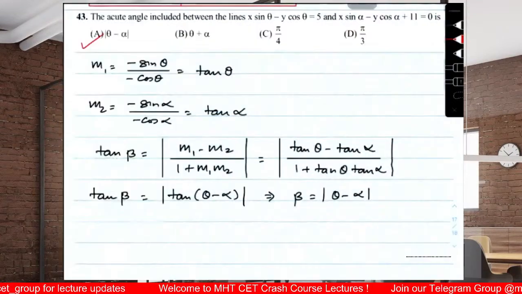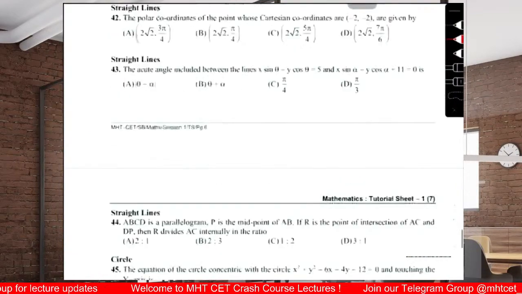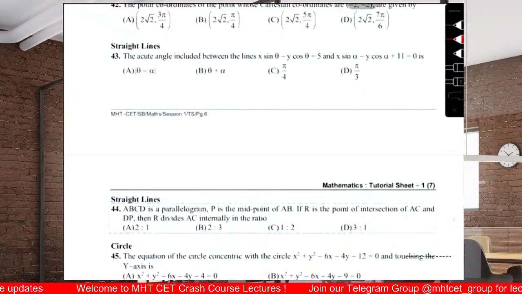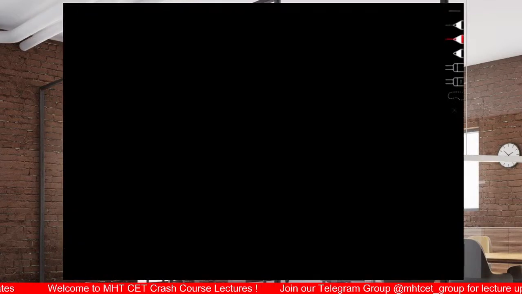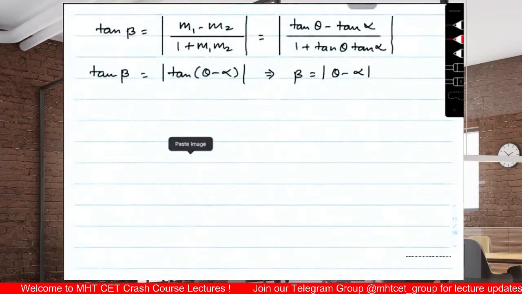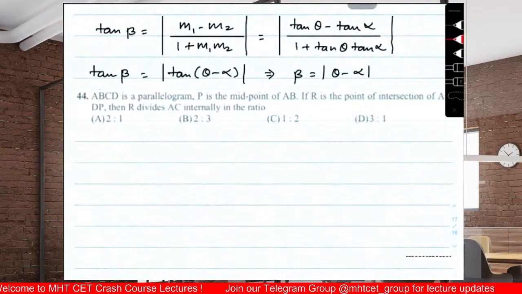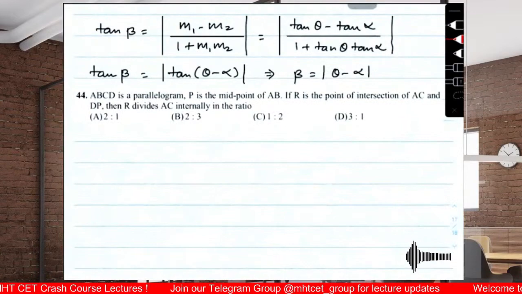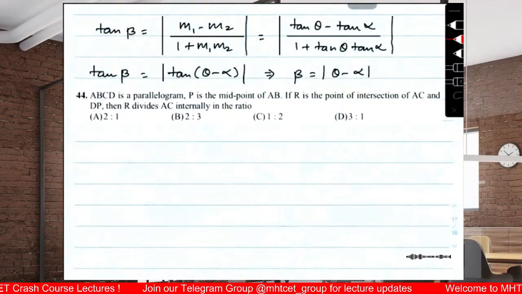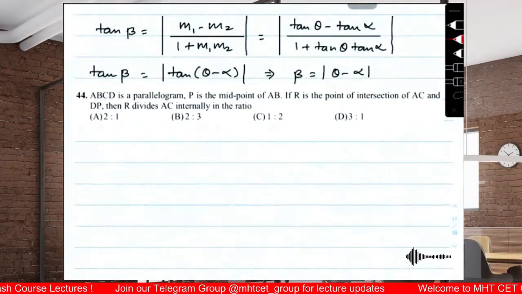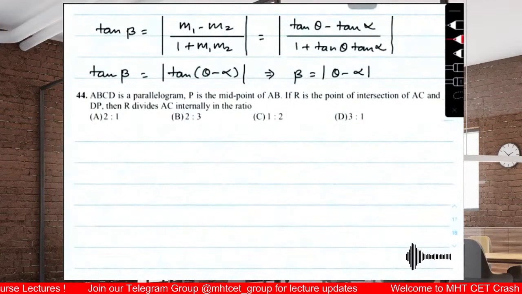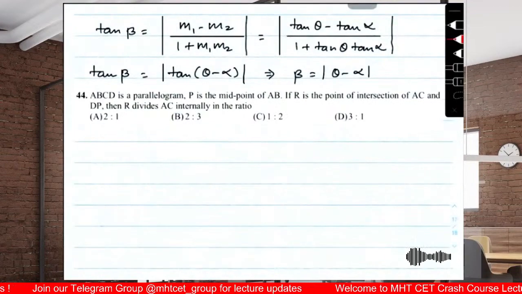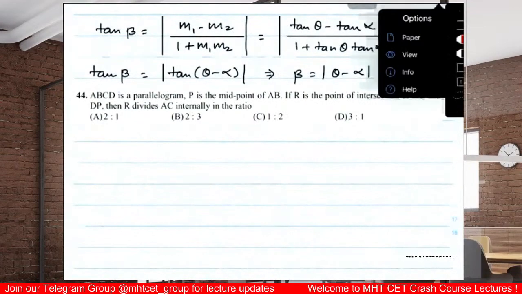44. ABCD is a parallelogram. P is the midpoint of AB. R is the point of intersection of AC and DP. Then R divides AC internally in the ratio. Okay.